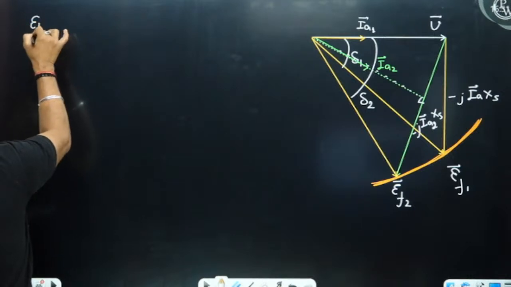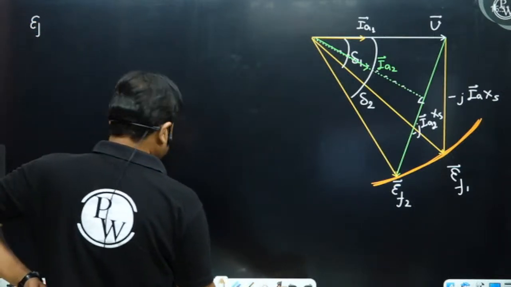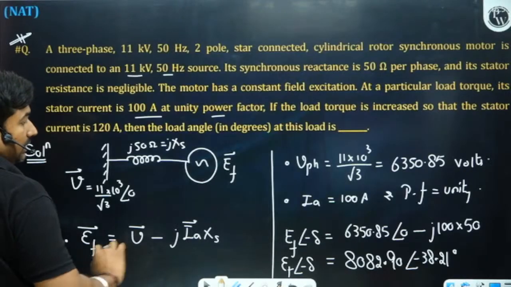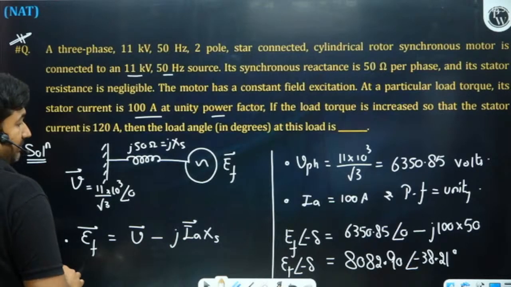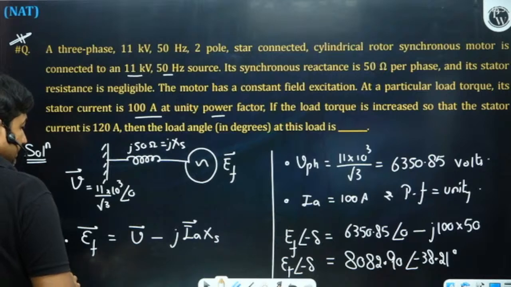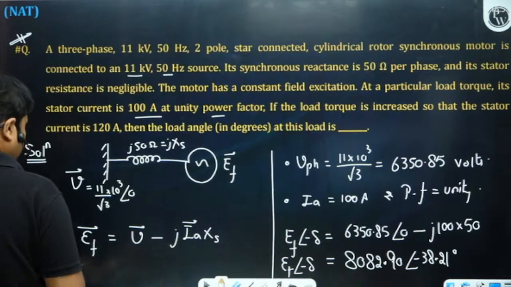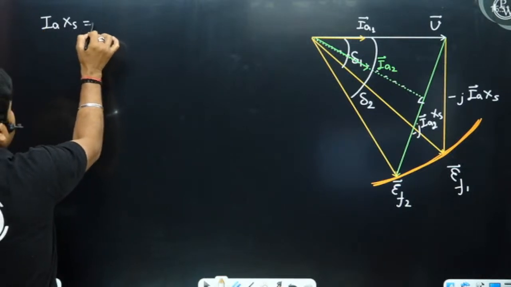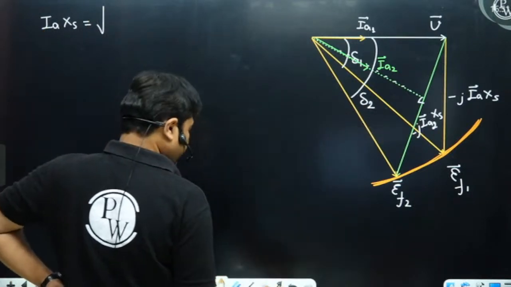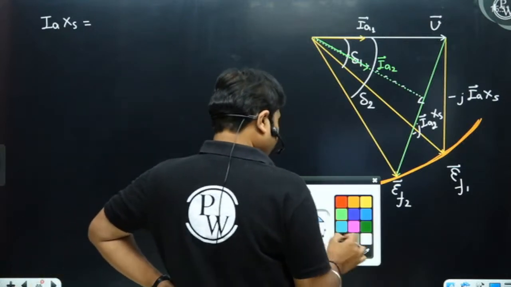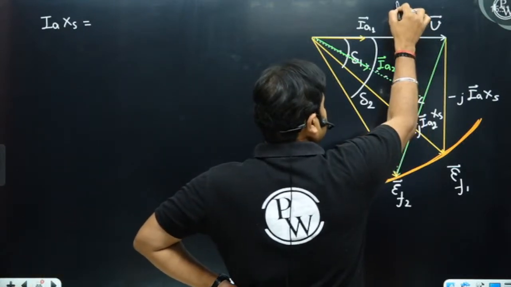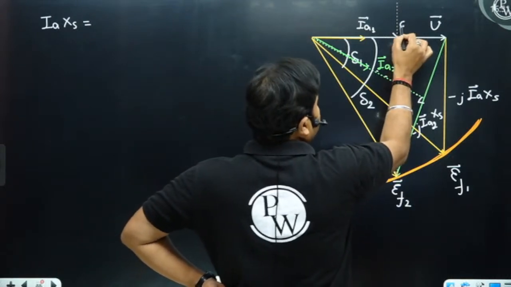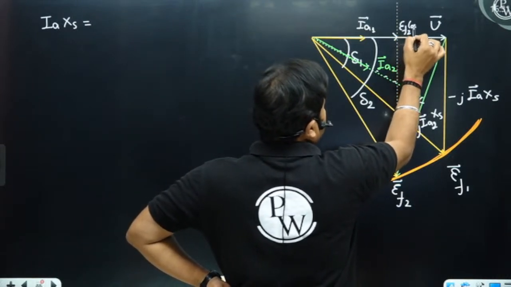We all know that excitation will remain the same and megawatt is increased. So if you want, you can observe here also. What is IA Xs? This is your EF2 cos delta 2.